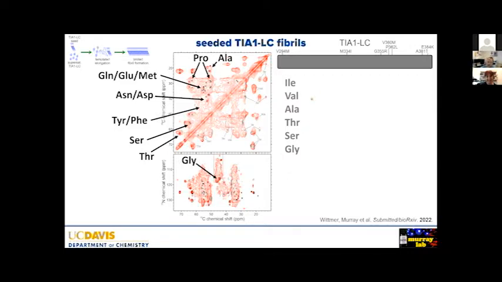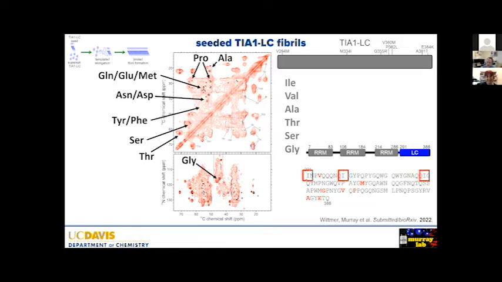In particular, I'll just draw your attention to the isoleucine residues, which are located at the N-terminal part of the TIA1 low complexity domain. That suggests that these residues are immobilized enough to allow carbon-carbon or proton-carbon transfers, but they're not immobilized enough to give rise to signals in the 3D spectra.